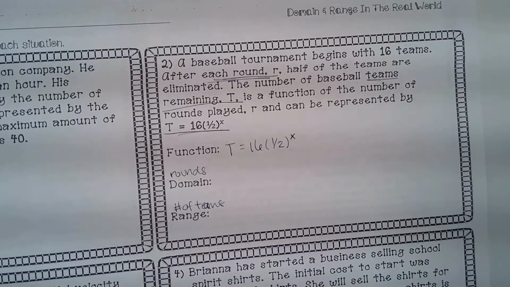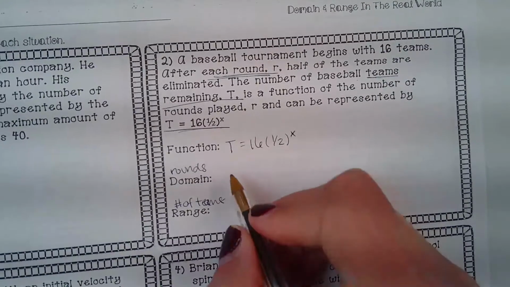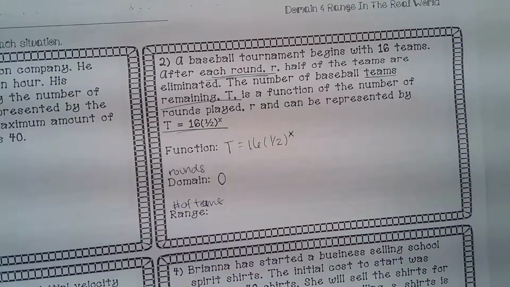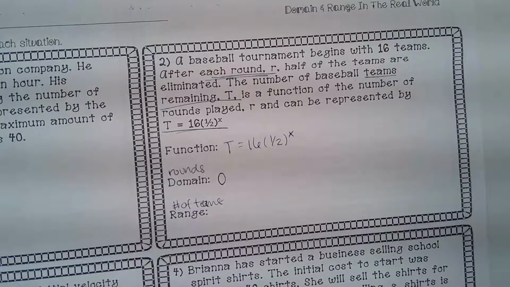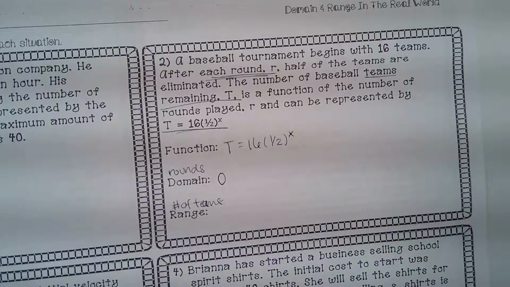So what's the smallest number of rounds that we could have? Just think about it logically. 0, right? Do they tell you how many rounds they're going to have in this tournament? They don't say anything, so we kind of have to figure that out. So the first round, how many teams are playing? 16. Then after that round, how many teams get out? 8. Half of them, right? So how many are going to be left? 8.